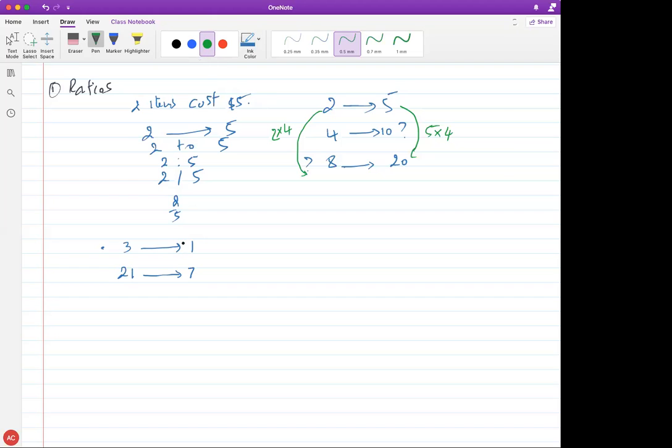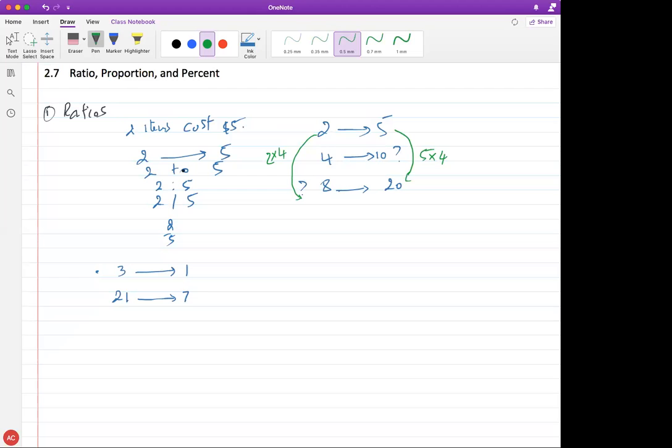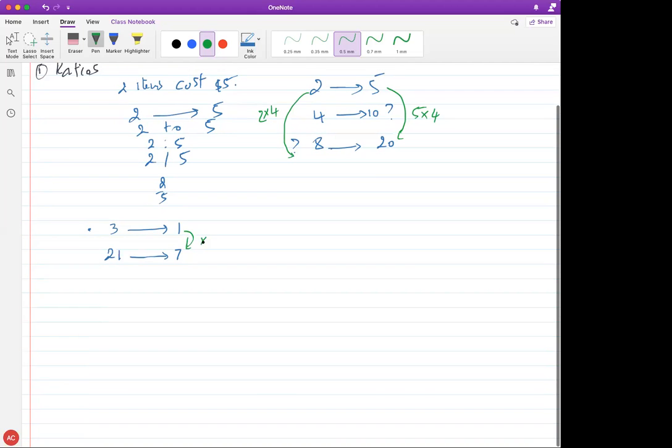Again, if one increases, the other has to increase by the same amount, or proportion. The number of people went from 1 to 7, so we times that by 7. Same thing here. The number of slices of pizza should also go up by the same ratio, which is times 7. 3 times 7 is 21.